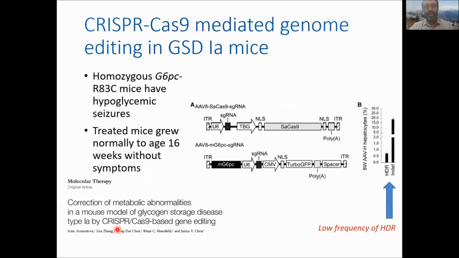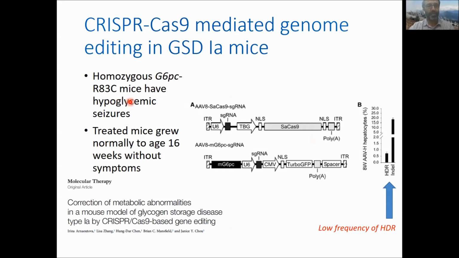Now, to be complete, I'm mentioning a really recent study from Janice Chou's lab in 2020, and she used the more modern nuclease, CRISPR-Cas9, and this cut specifically at an R83C variant that had been knocked into this mouse model of GSD1. And R83C is very similar to a common mutation seen in human patients, so it's a good model.